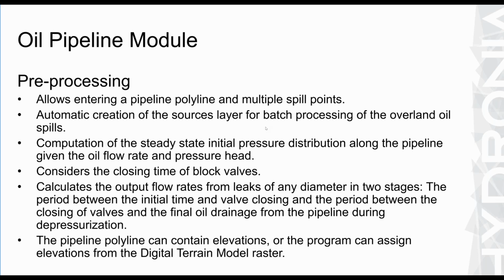So the model computes the sources location, and at each source location, it computes initially the steady state initial pressure distribution along the pipeline that is necessary to determine the outflow from each leak location.